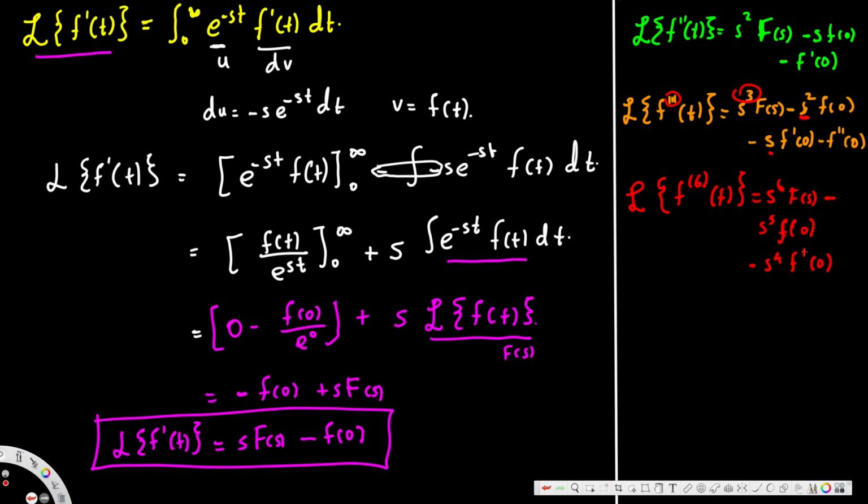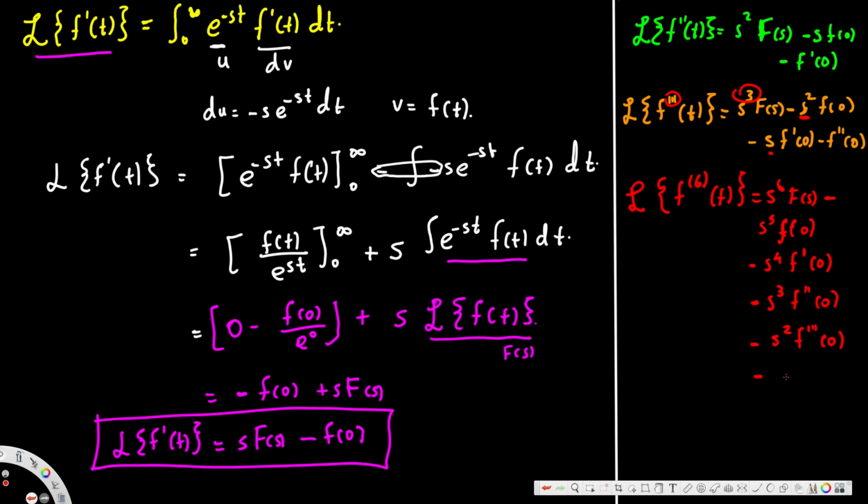Here we have only first derivative, so we have to take care of all the other derivatives. So first derivative here, second derivative, we have to put s cubed. The power is going to decrease each time, f double prime of 0, and then for third derivative, we are going to have f triple prime of 0.